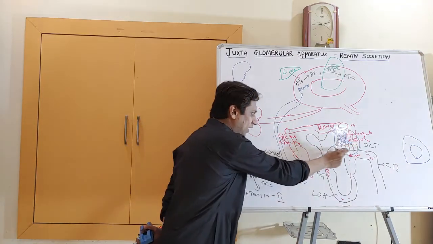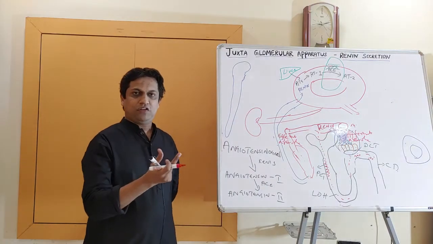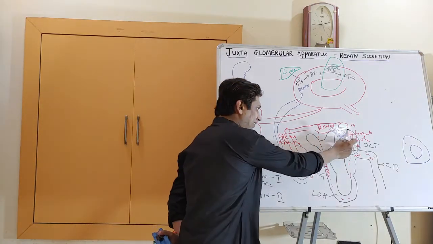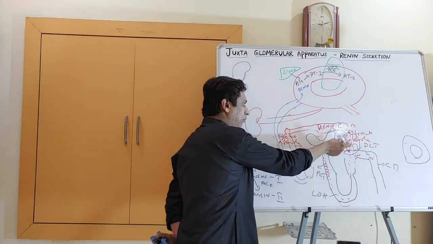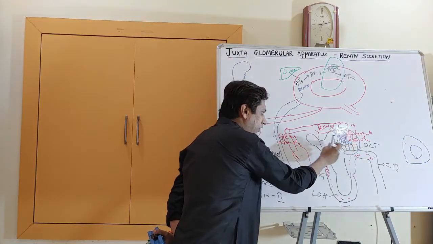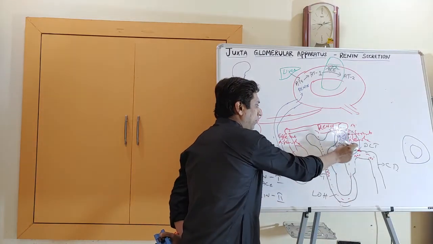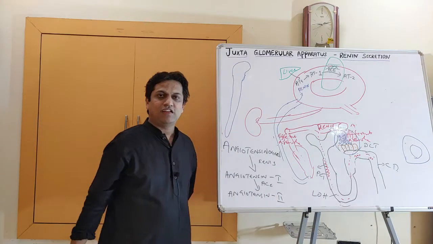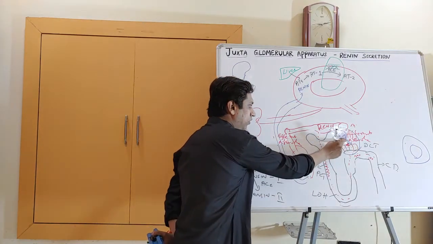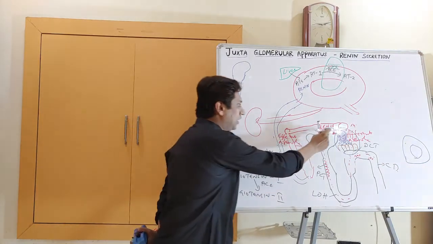This senses the chemical changes and this senses the pressure changes. The Lacis cells are in between, so they can communicate between these two cells. The low sodium level moving in the tubules is sensed by the macula densa cells, and with the help of the Lacis cells, they communicate with the juxtaglomerular cells to secrete renin.